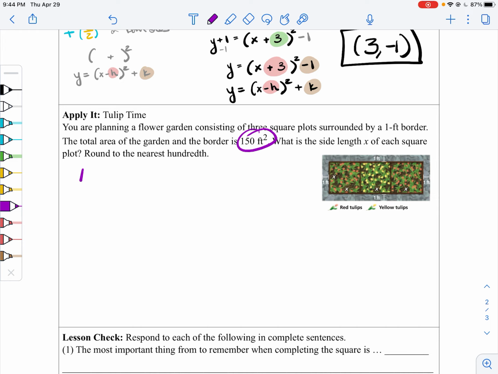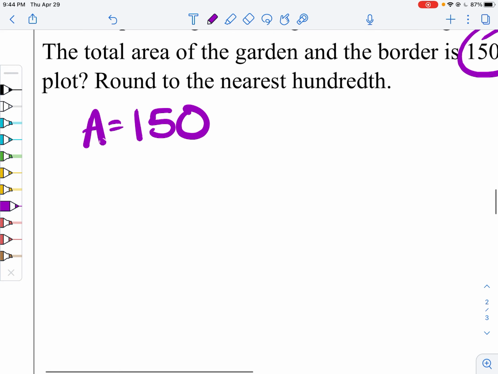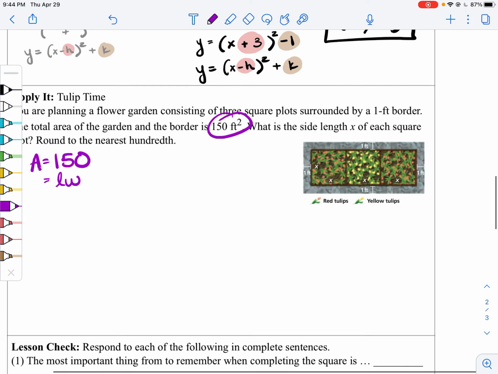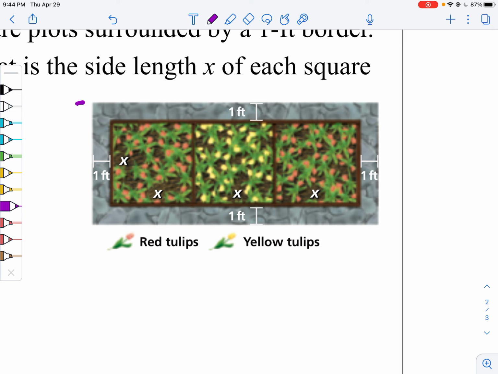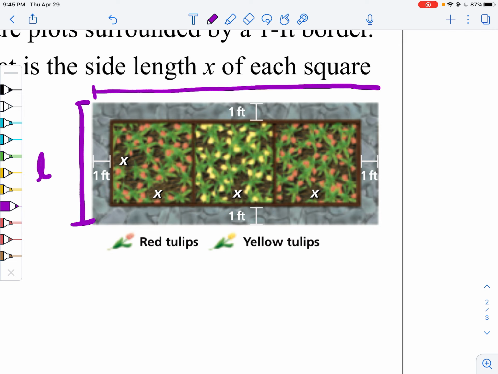I know that my total area is going to be 150 feet squared, and that's equal to the length times the width of this whole thing. So we need to figure out an expression for this length and also for this width in terms of x.